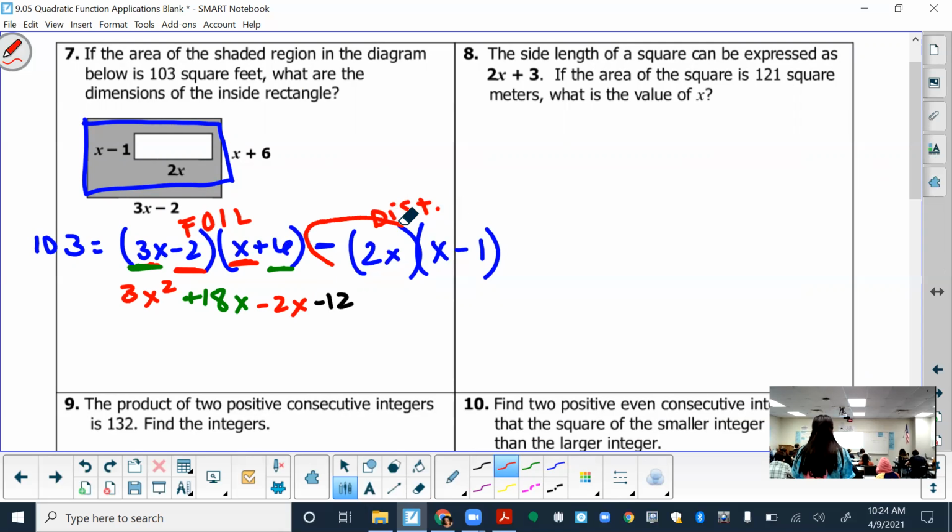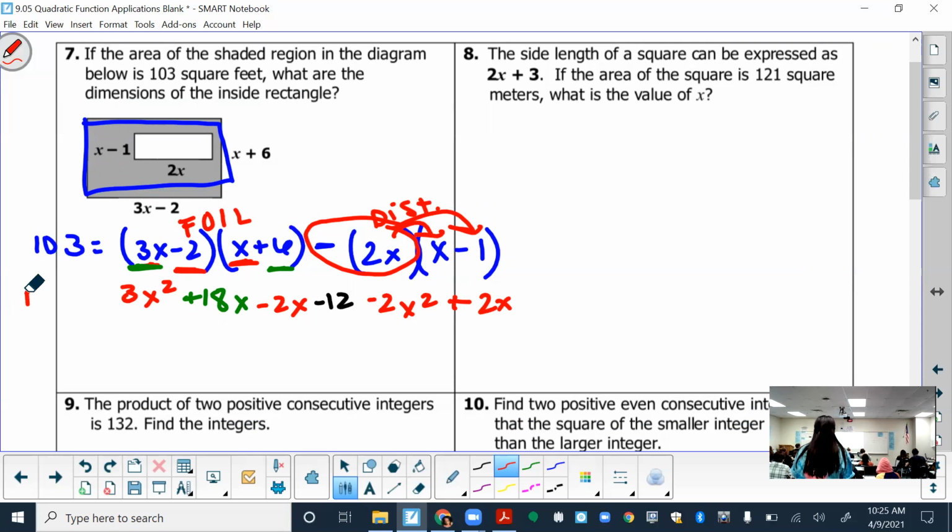All right, let's distribute this over here. And remember, it's a negative 2x that we're multiplying by both. So what's negative 2x times x? Negative 2x squared. Good. And then negative 2x times negative 1. Negative times a negative gives me a positive, because you have to keep it as negative 2x times negative 1.